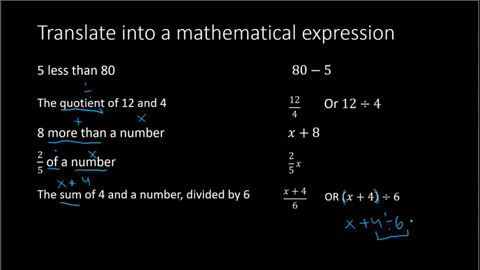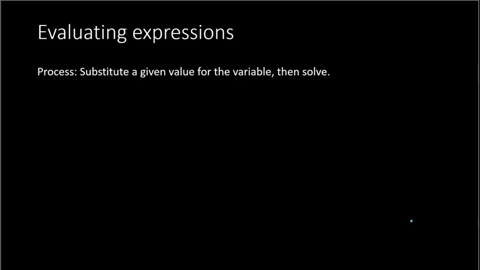So we've worked with translating different expressions. Now we're going to finish with evaluating expressions. When we say evaluate an expression, what we're doing is substituting a given value in place of the variable, and then we're solving. So for example, if you're told to evaluate 2x if x equals 3, we plug a 3 in place of x.